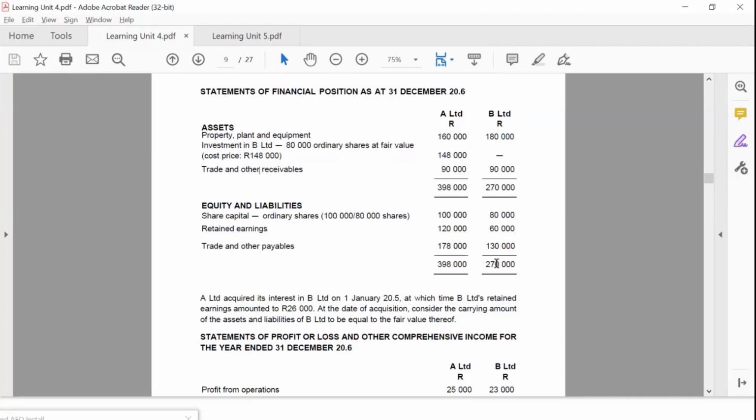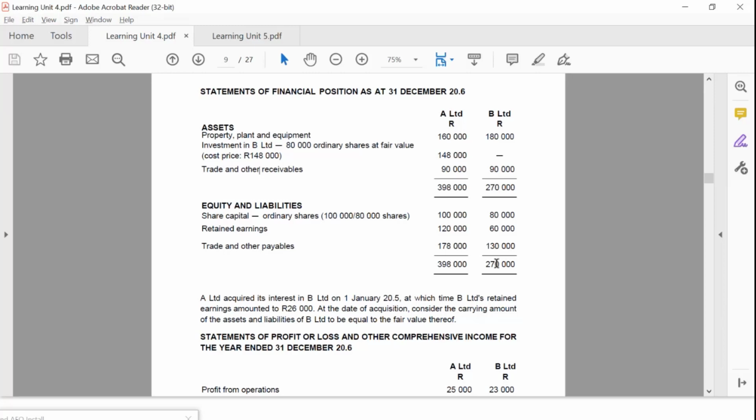We see here that when A came to acquire B, there was a transaction between the parent company and the subsidiary. That transaction has to be eliminated. And how do I know what to eliminate? I only know what to eliminate if I know the entry I passed in my own financial statement.